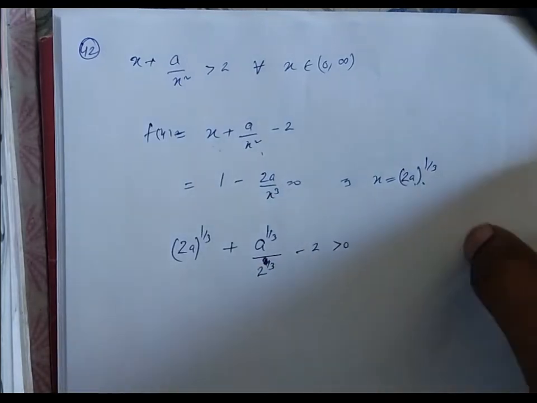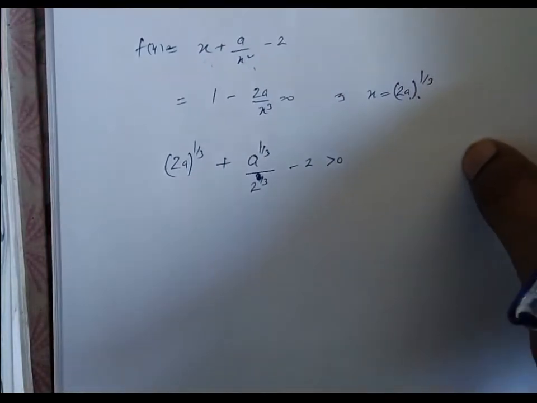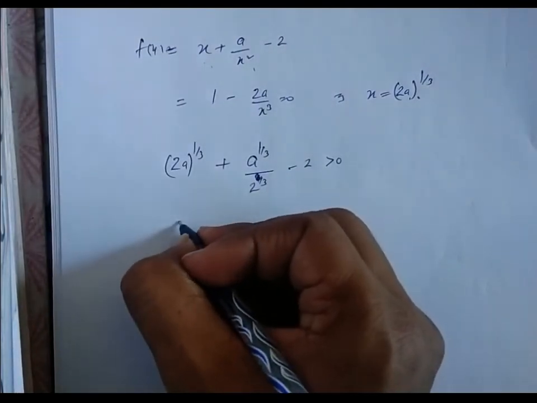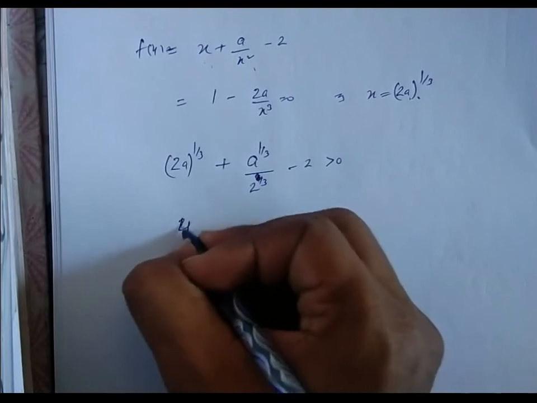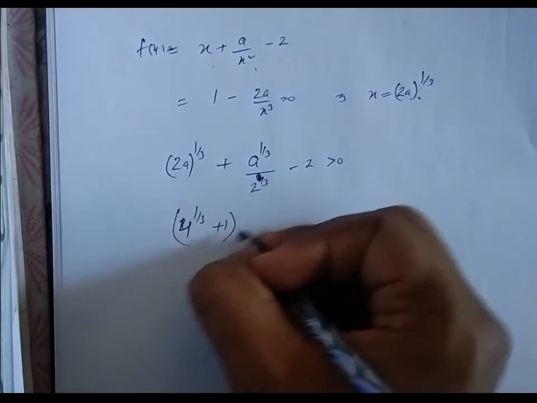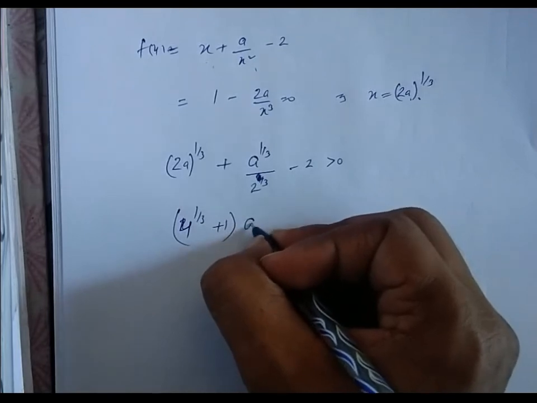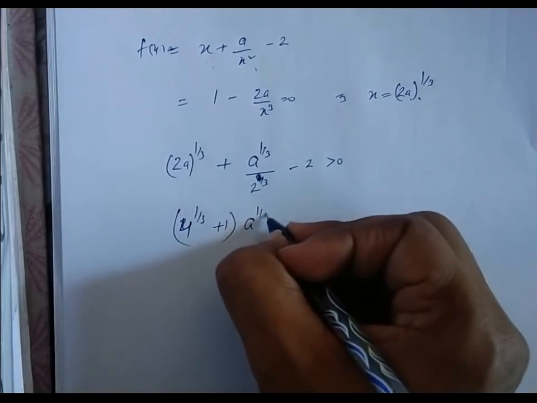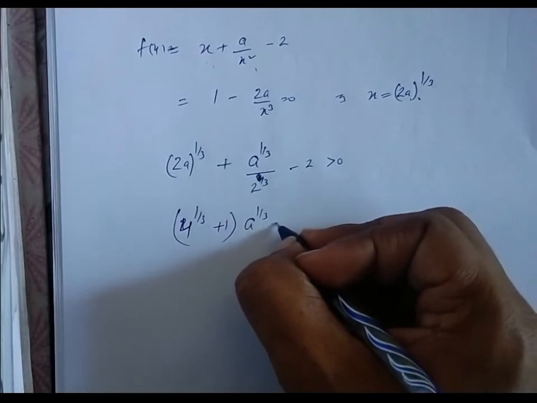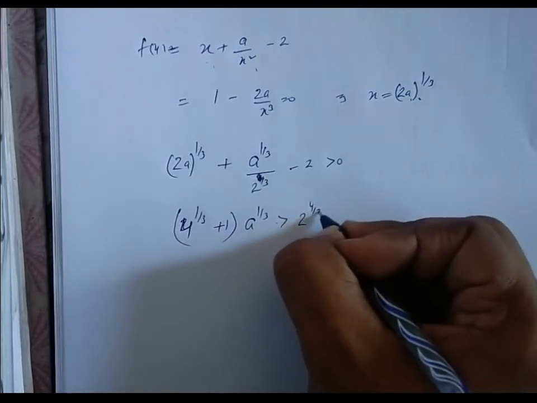It should be greater than 0. Okay, so 4 power 1 by 3 plus 1, a power 1 by 3 should be greater than 2 power 4 by 3.